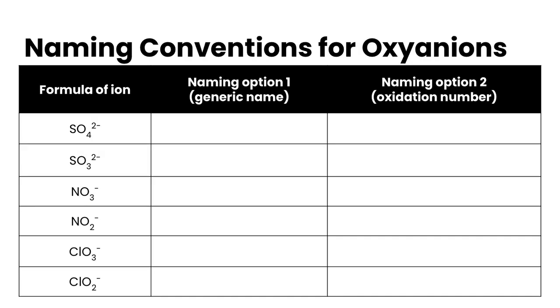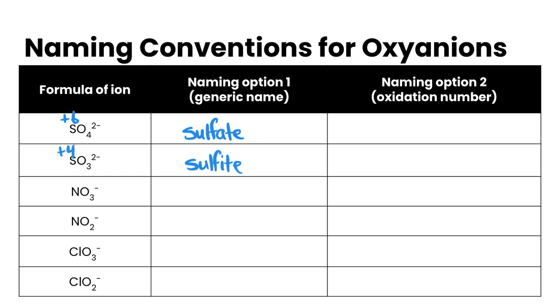Now, we can use these as naming conventions for our oxyanions. So this is really interesting. We could take, for example, sulfate and sulfite, so we'll look at these 2 examples here. If we went through and assigned oxidation numbers, this one is +6 for sulfur, and this one's +4.